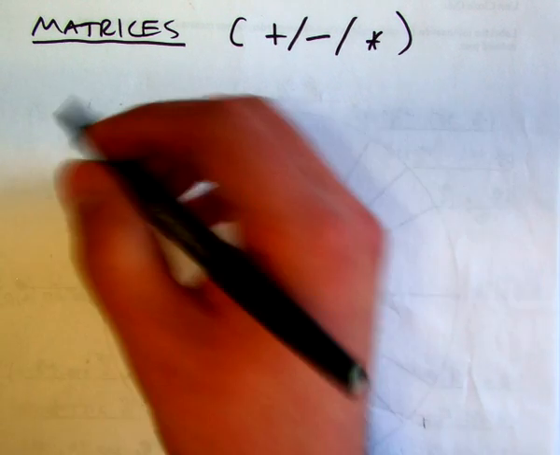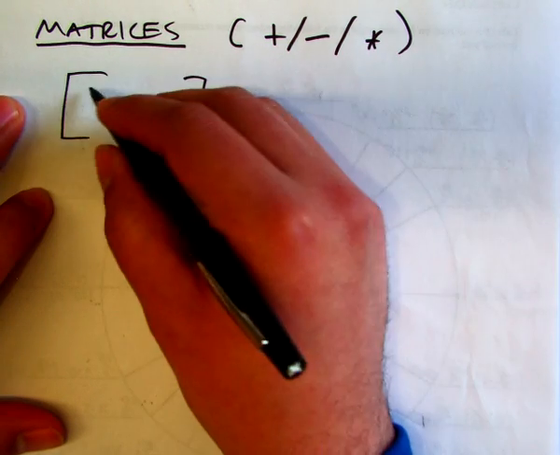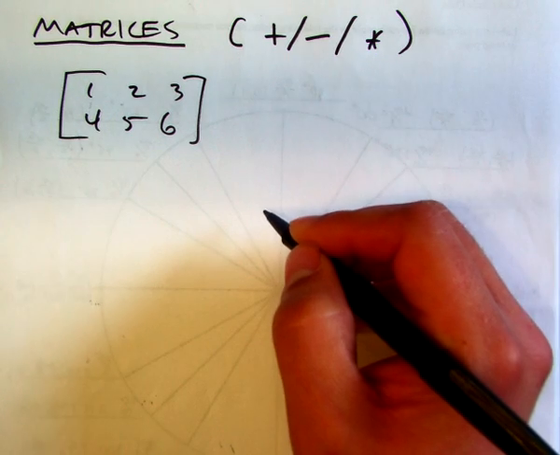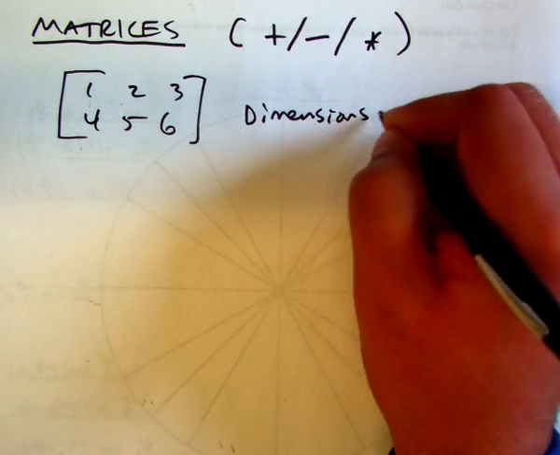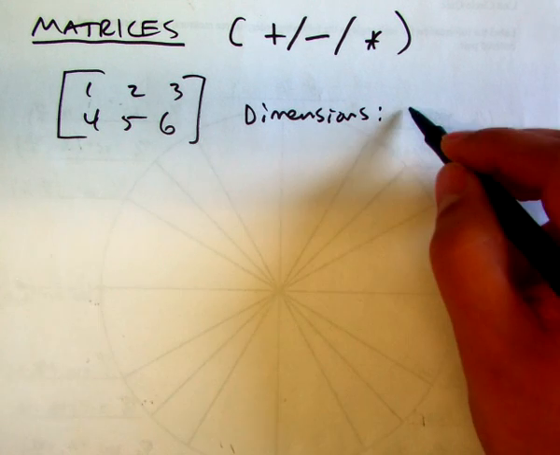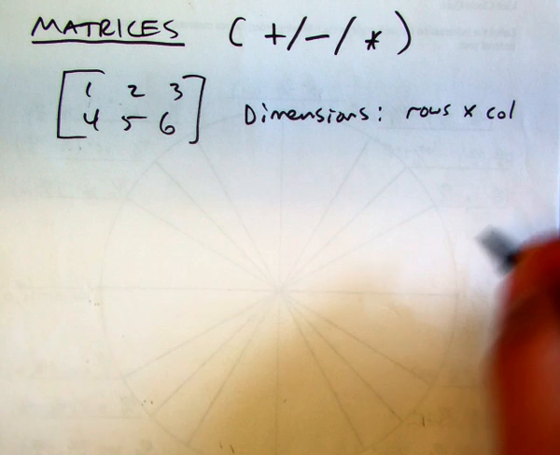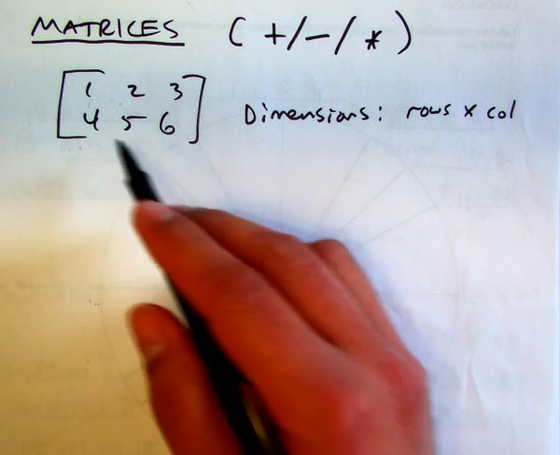So here's the idea. If you have a matrix, let's say something like this, 1, 2, 3, 4, 5, 6. Okay, the dimensions, you always count rows first and then columns second. It's kind of like what we just talked about.